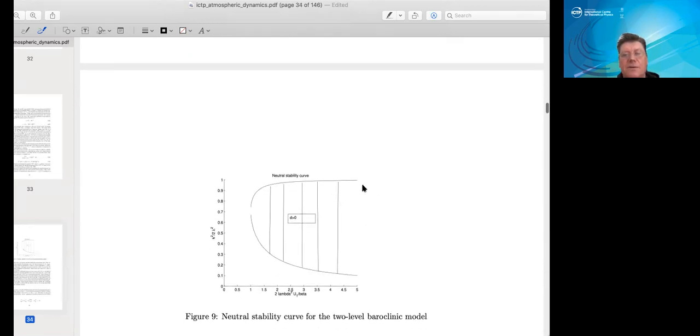And if you do this, you get this curve here, where the two-dimensional quantities are expressed in terms of k square, so the square root, divided by 2 lambda square on the y-axis, and 2 lambda square divided by UT beta on the x-axis. And these are the two square roots that I have drawn here. In this area here is the unstable region. In the region outside is the stable region.